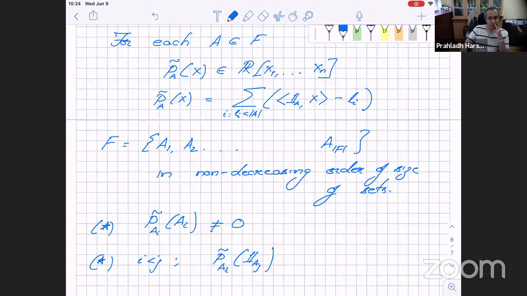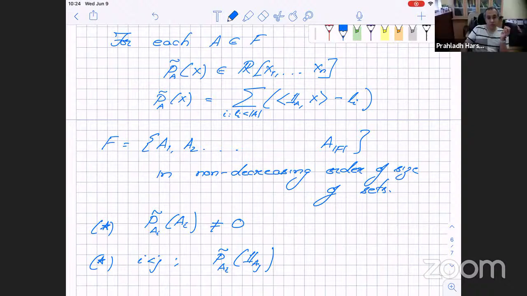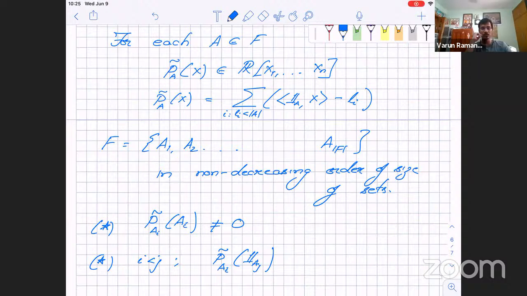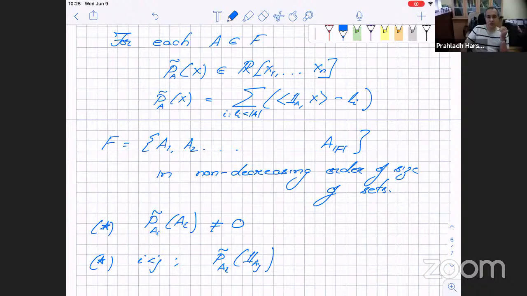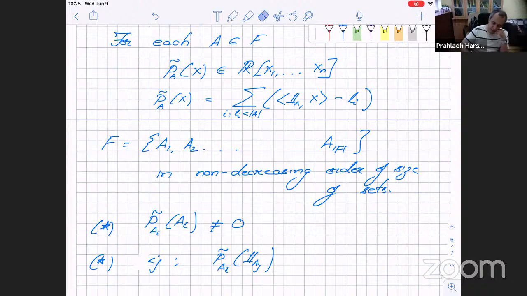What will this be? 0. Sorry, I should have flipped this.